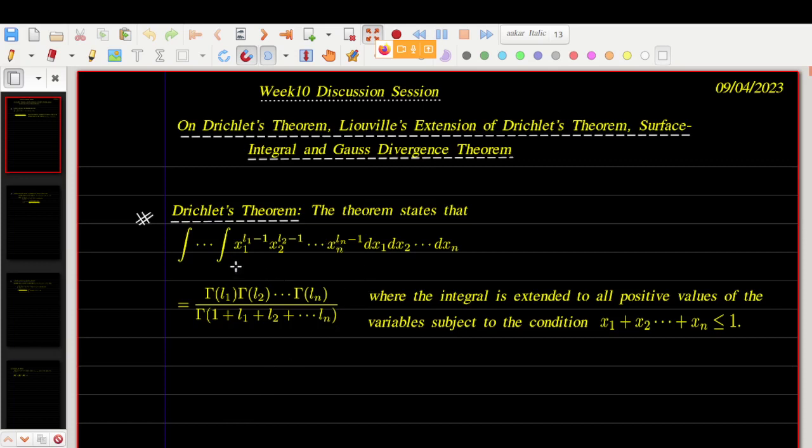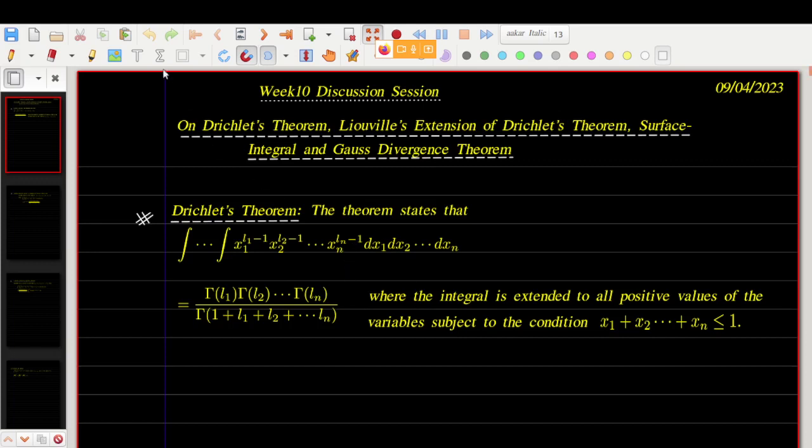The theorem says that n integrations are there: x1 to the power l1 minus 1, x2 to the power l2 minus 1, up to xn to the power ln minus 1, dx1 dx2 dxn, is equal to gamma of l1 times gamma of l2 times gamma of ln divided by gamma of 1 plus l1 plus l2 plus ln, where all the li's are positive numbers.